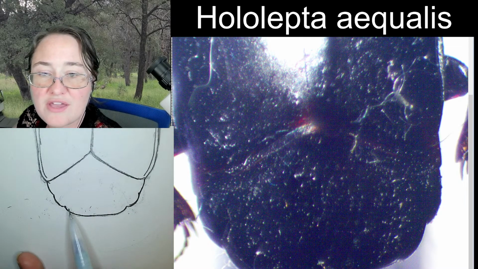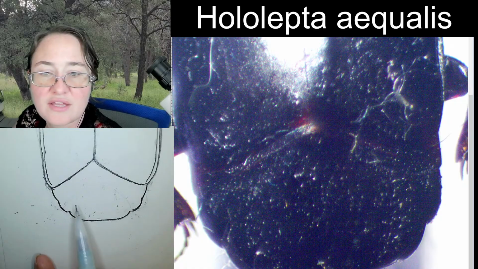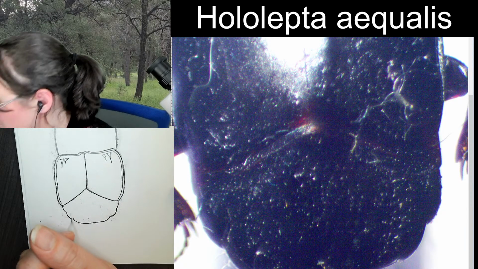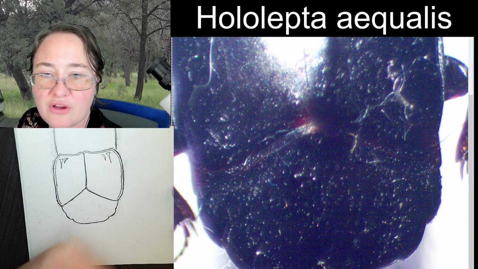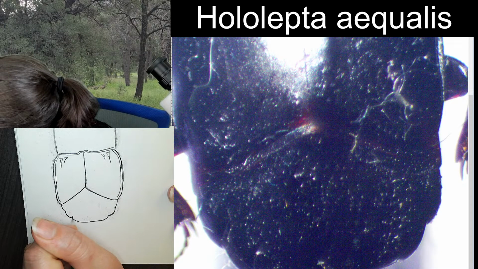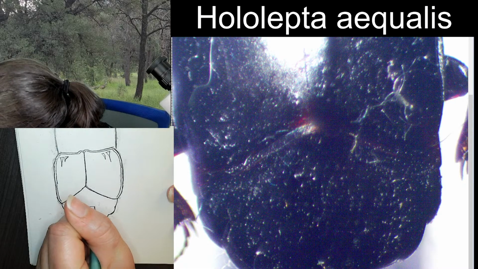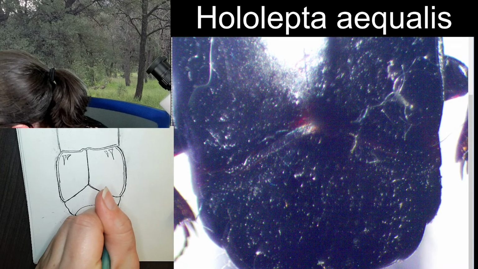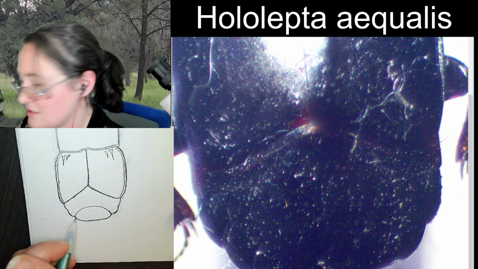Now, this bottom segment here is actually circular. It's kind of oval shaped, which is what creates this really weird abdominal tergite area, because this guy kind of comes up like that.